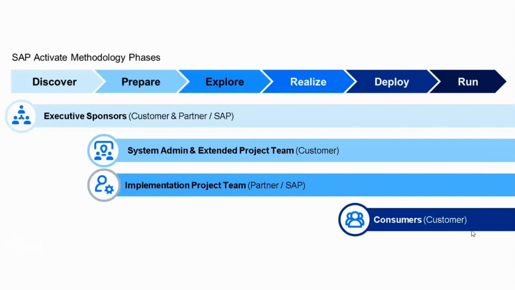Now, the implementation of SAP S/4HANA Cloud begins in the prepare phase, when a partner or SAP implementation project team starts work on the project. In the prepare phase, the priority is to get all systems necessary for the project provisioned and provide access to these systems to the implementation project team members.